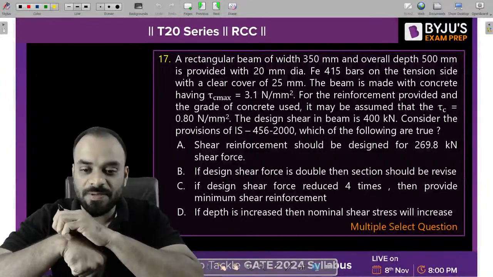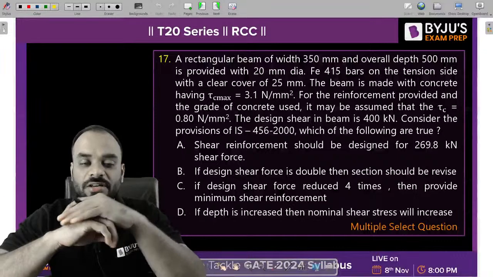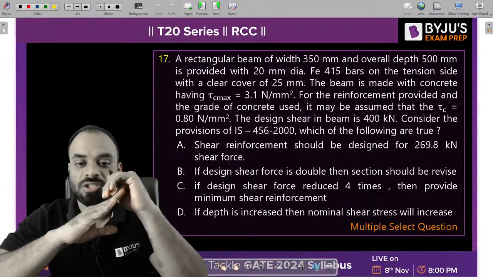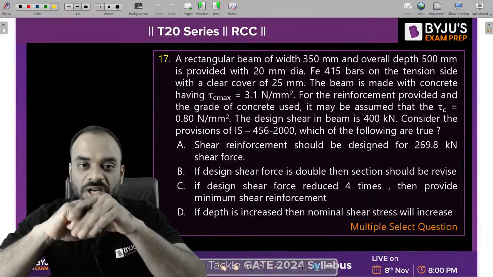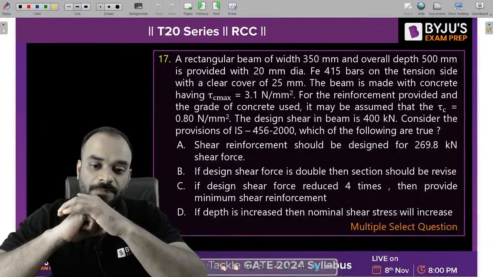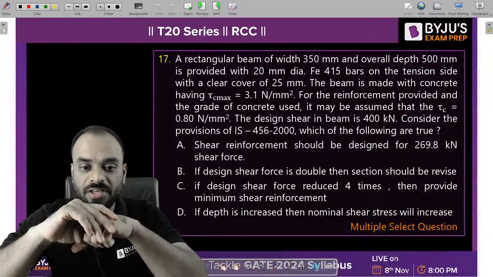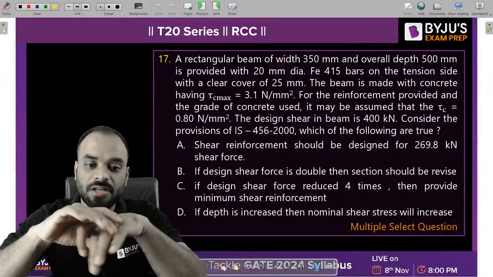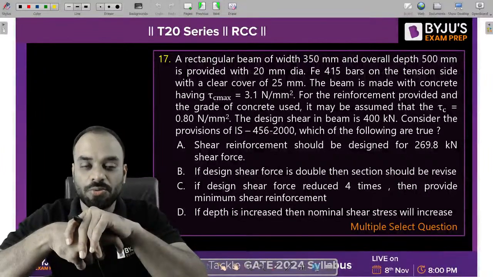This question is basically MSQ type question and is very well designed so that you can understand all the concepts of shear designing problem. Okay. So first you need to read the statement properly. Then read the options also very carefully, guys, because there are some tricks or some changes in the statement in the options also, right?